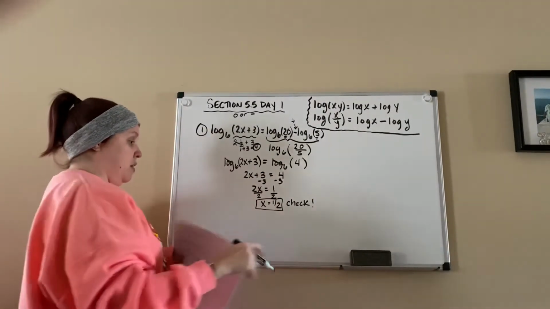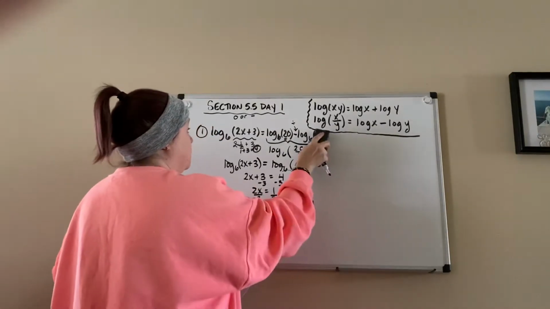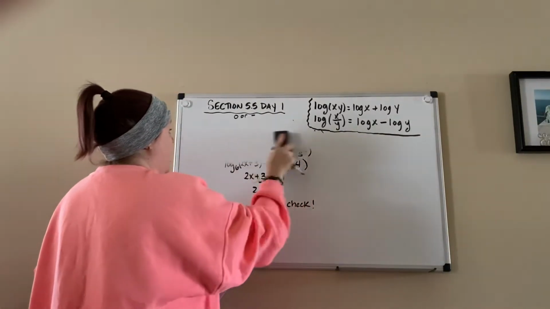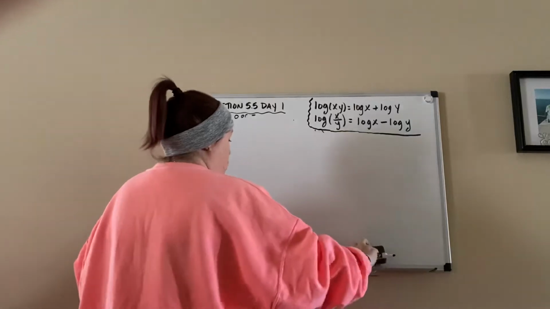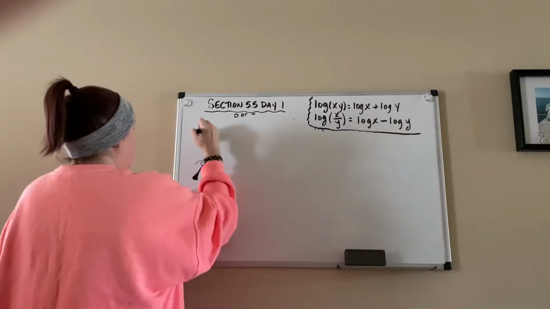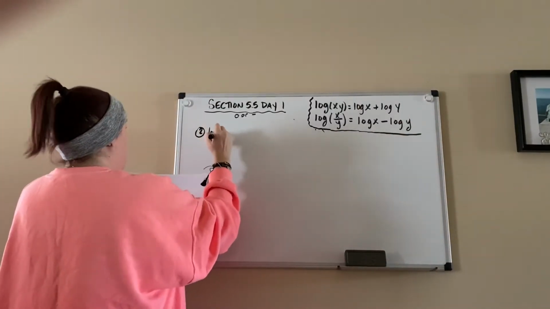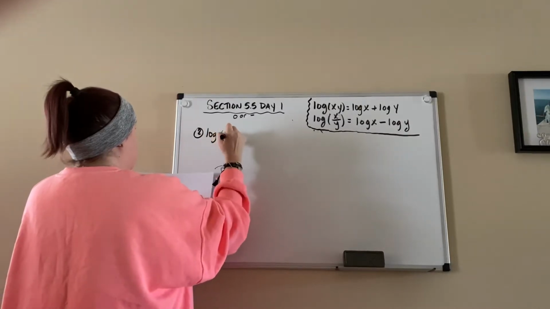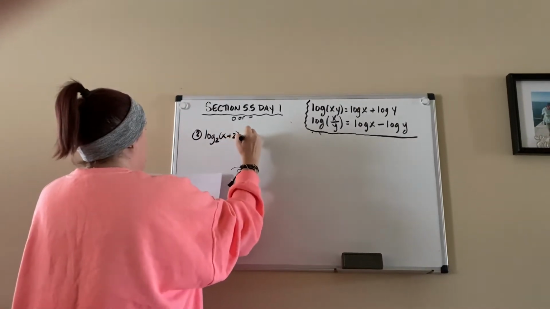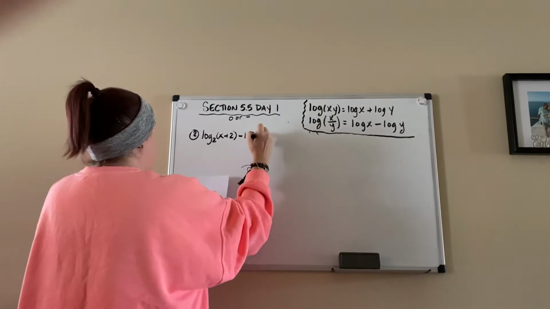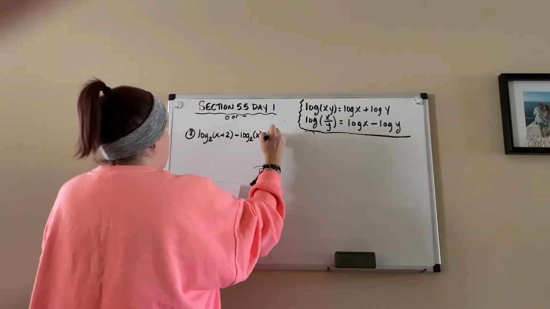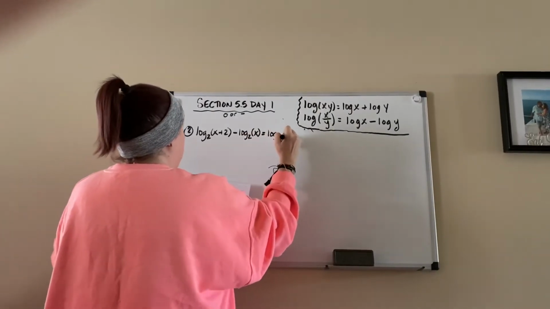So my next one, number 2, we're only going to do 4 examples, so it's going to be A-okay. We've got log base 2 of x plus 2 minus log base 2 of x equals log base 2 of 5.